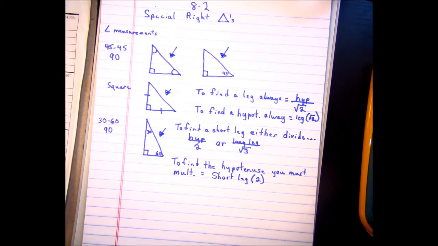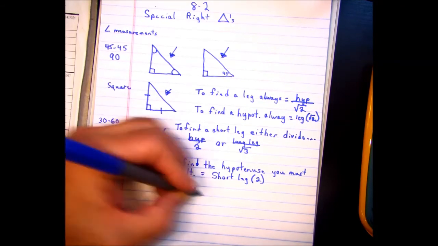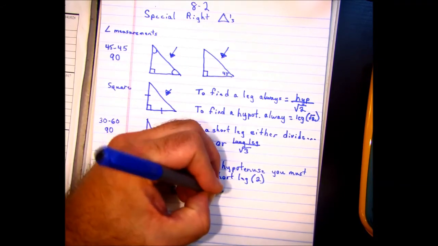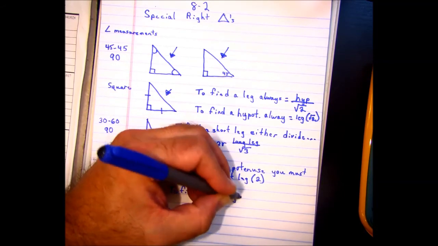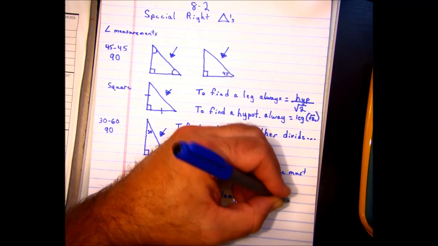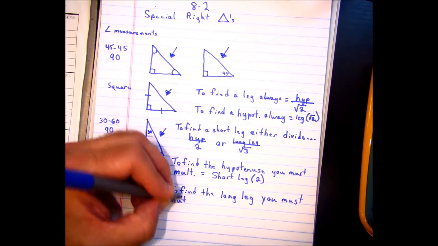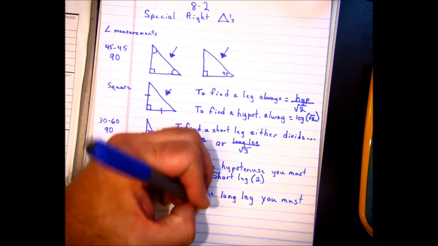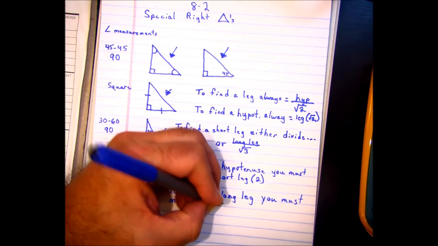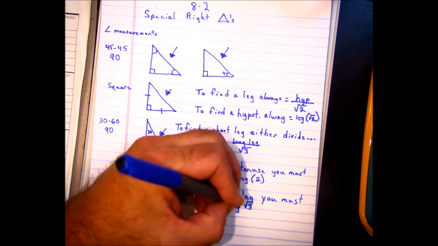Okay. To find the long leg, you must multiply short leg by the square root of 3.